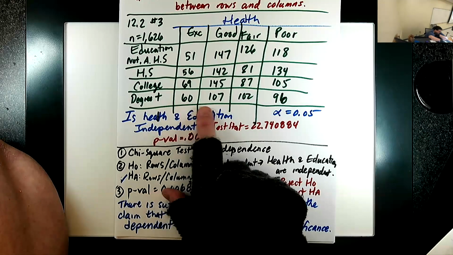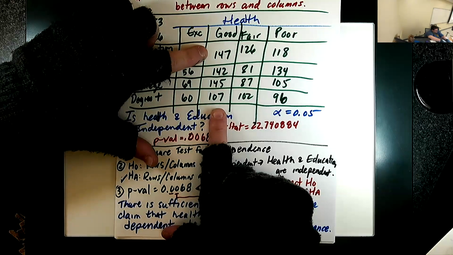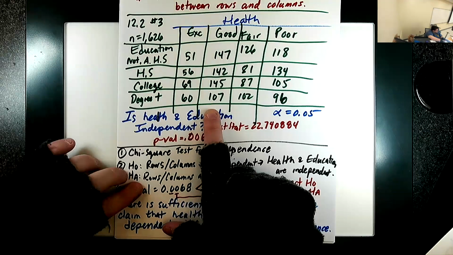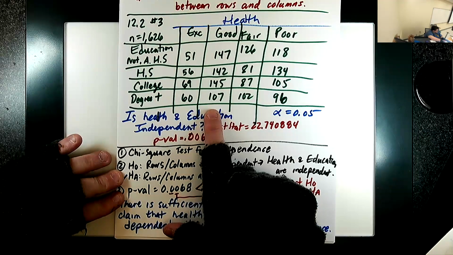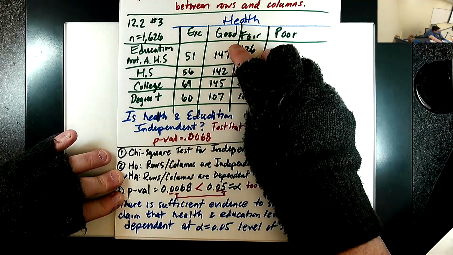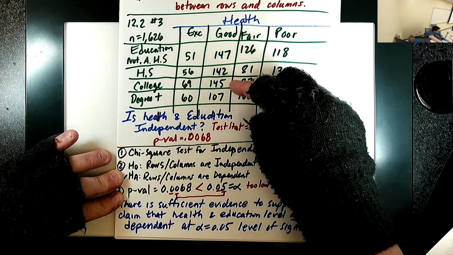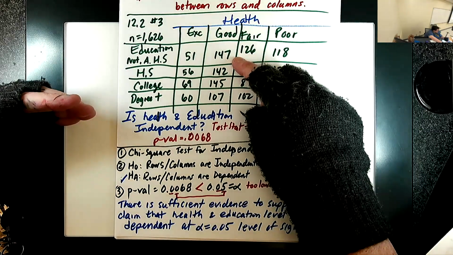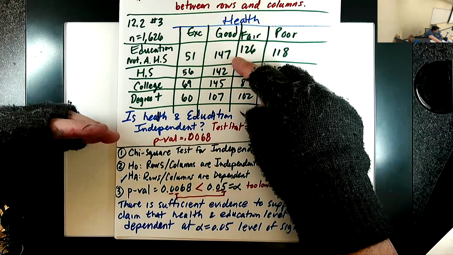In the good column, those with little education had a higher value than those with a bachelor's or master's. But if it didn't matter, then it shouldn't matter if I graduated high school or if I have a PhD.